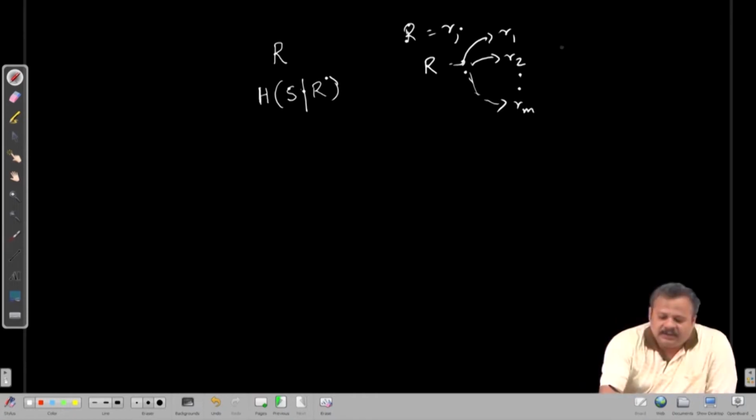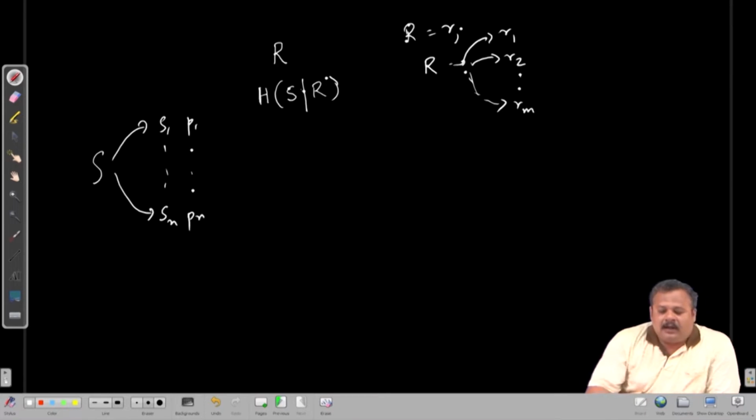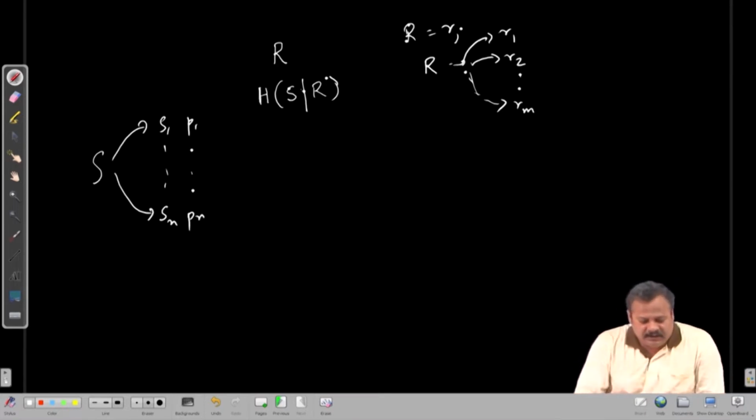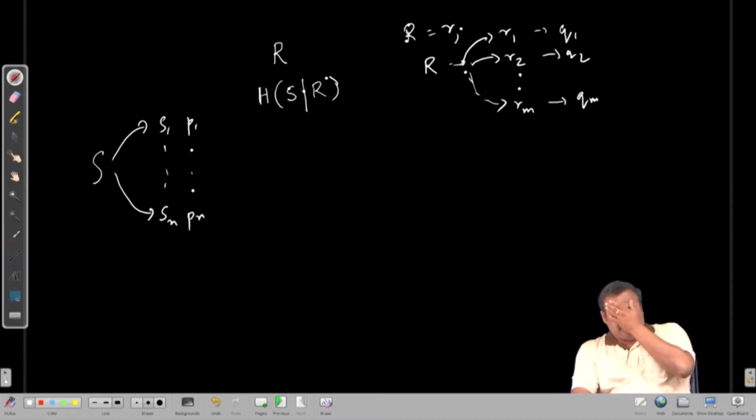So, let us say we are doing the experiment and the stimulus is in our hand, and as we have said, the stimulus can take on values S1 up to Sn with the probabilities P1 up to Pn. And here the response has a probability of occurrence of, let us say, Q1, Q2 up to Qm, based on an overall observation.